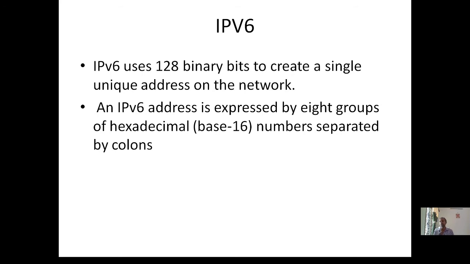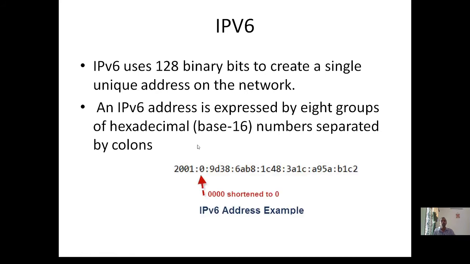An IPv6 address is expressed by 8 groups of hexadecimal numbers separated by colons. In the case of IPv4, the address is represented in decimal format separated by dots. IPv6 uses the hexadecimal number system for representation, separated by colons.